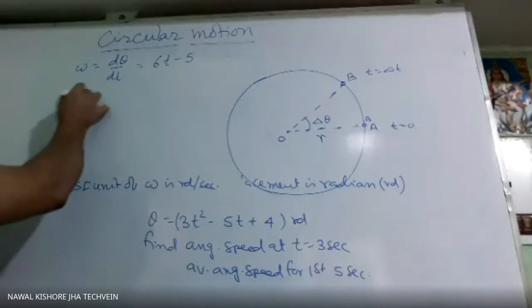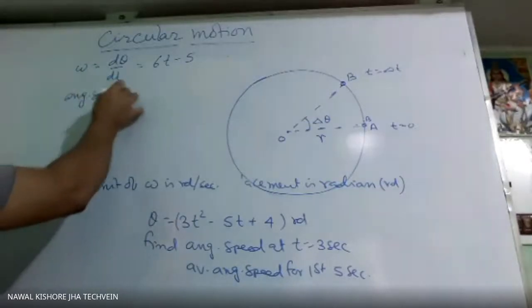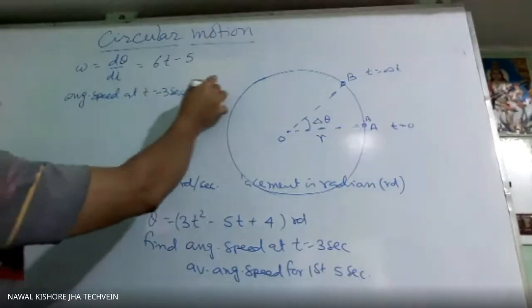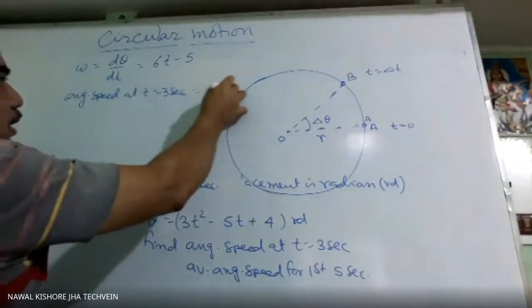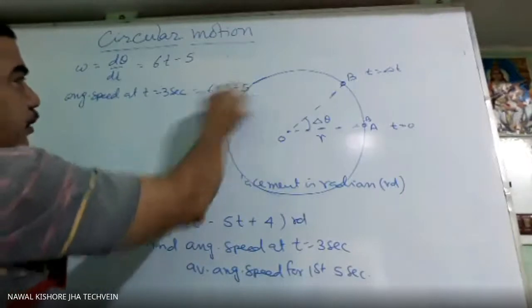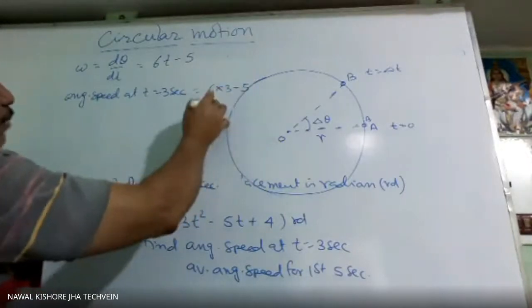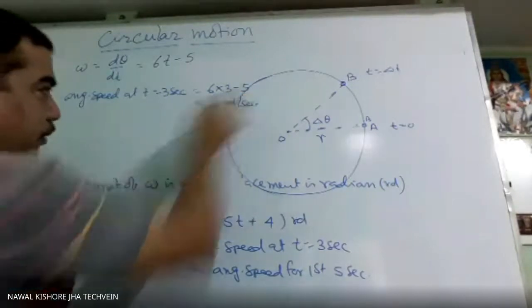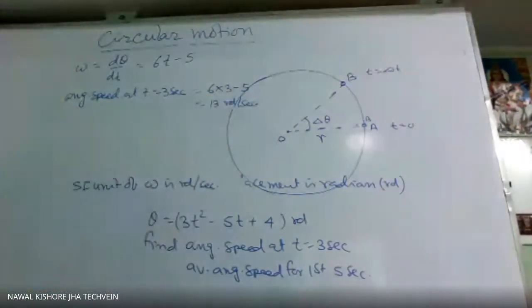So 6 into 3 minus 5, that is 18 minus 5, that is 13 radian per second. This is instantaneous speed, the angular speed at a particular time. When you are given it this way, you have to find it by differentiation.